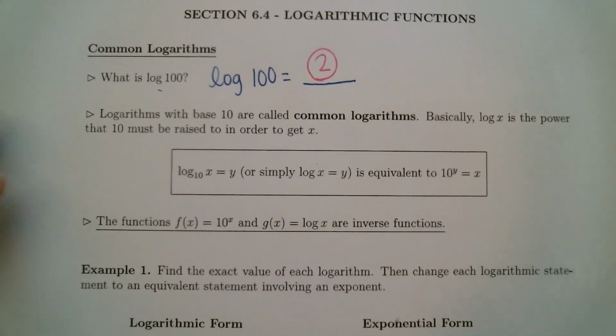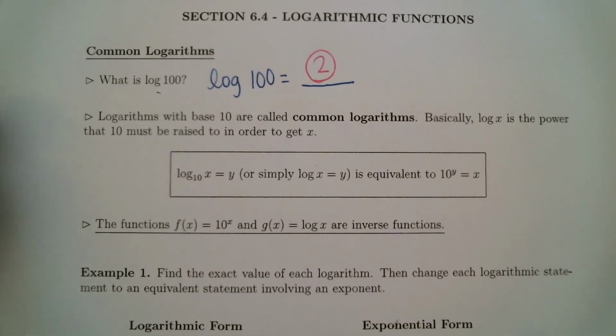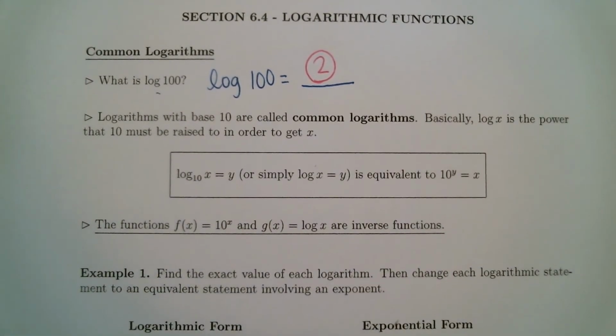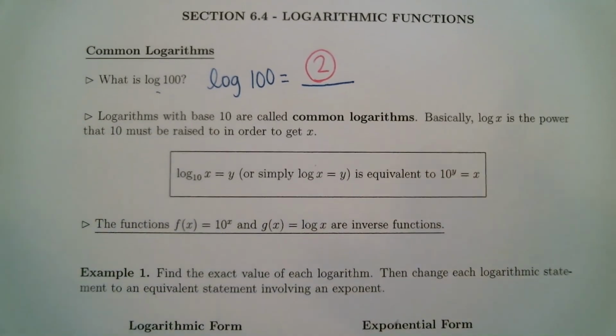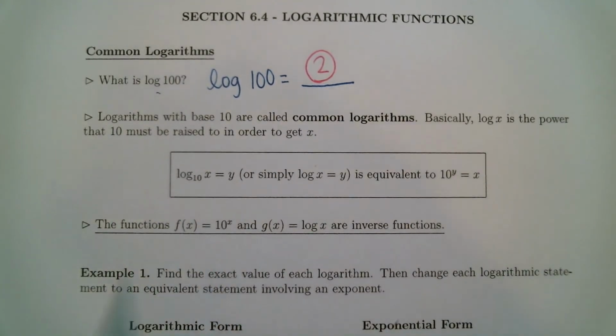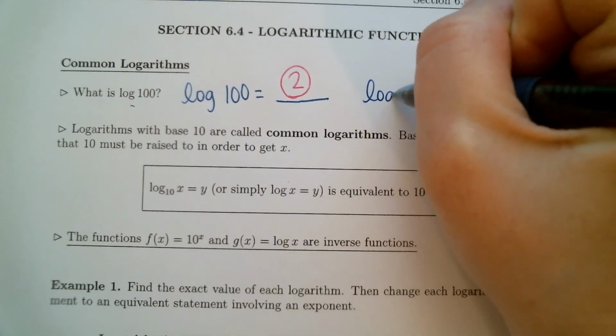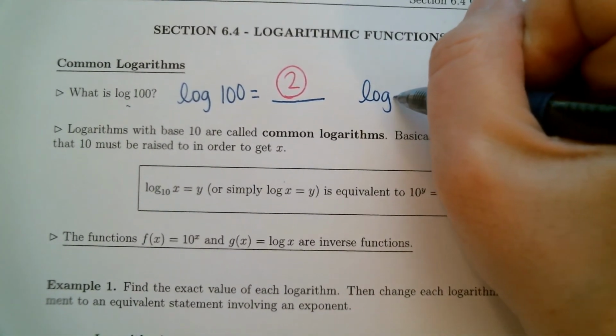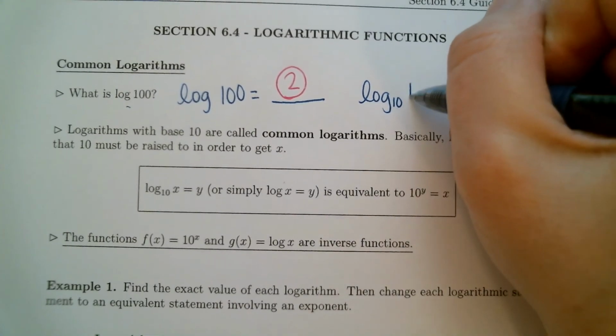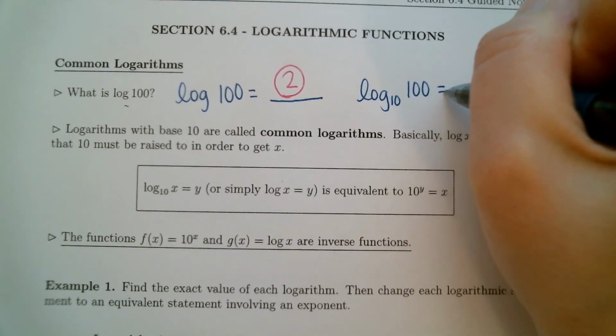And if you go back to the one we were just working with, the common logarithm, you don't see a teeny tiny number. And here's why. It's a common logarithm. It is so common, it has a button on your calculator. And it's so common, you're expected to know what that teeny tiny number is. The teeny tiny number is supposed to be 10. So you could also write it this way, you can write in the base.